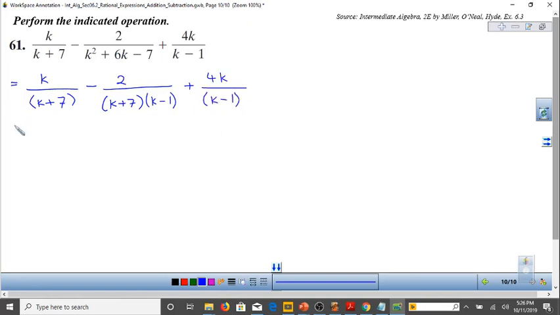And then, of course, our domain restrictions: k is not allowed to be negative 7 nor 1. The common denominator is k plus 7 times k minus 1.